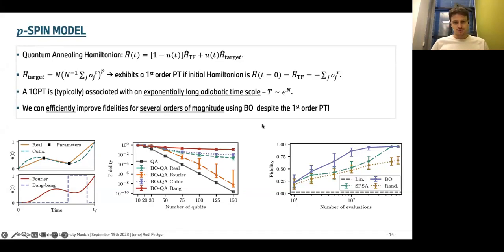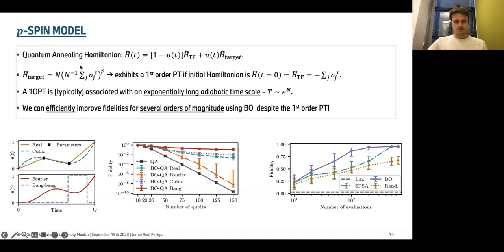And another very nice feature of the P-spin model is that if you take this canonical annealing path, starting from a sigma x mixer Hamiltonian to this target Hamiltonian, the system exhibits a first order phase transition.